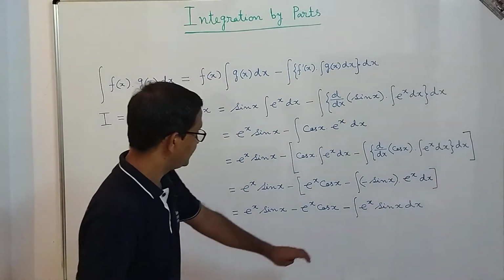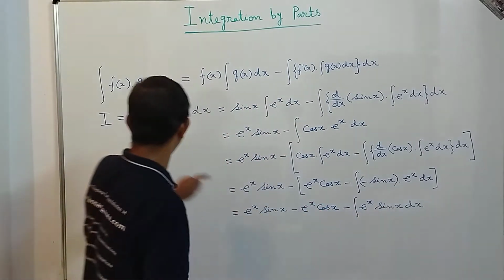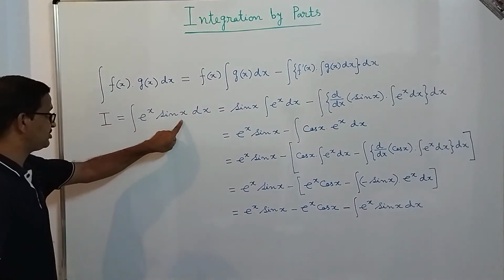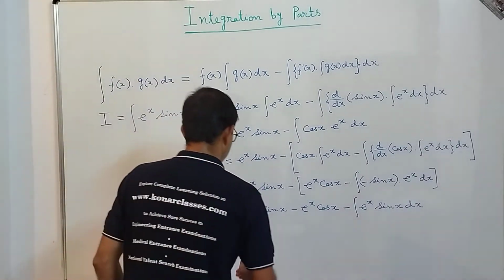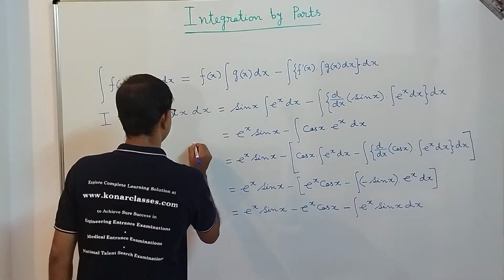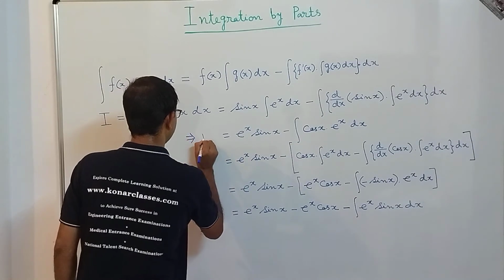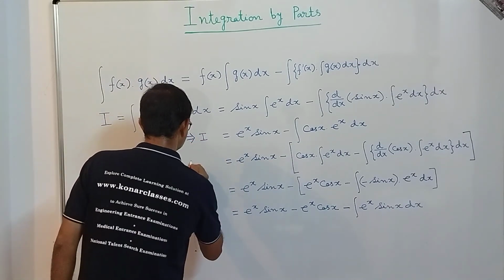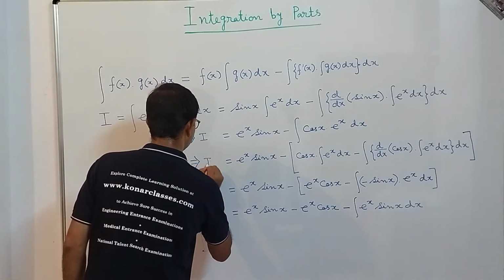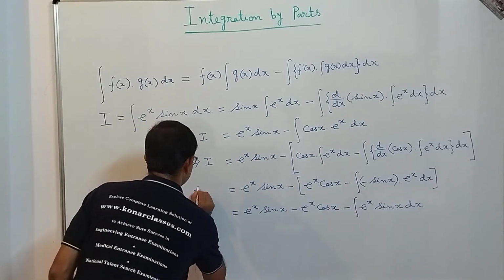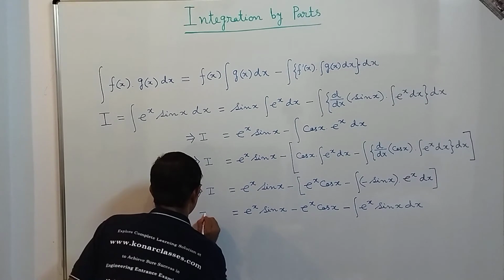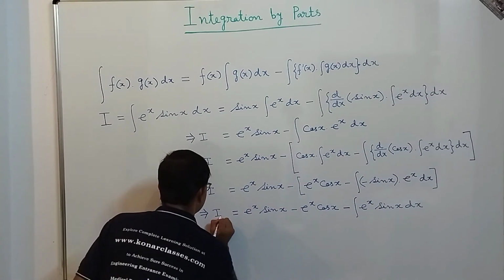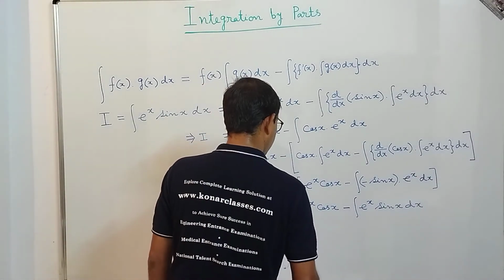Now dear students, that integration of e^x sin x dx is nothing but I, the integration you wanted to perform. So in all these steps we can write this implies I is equal to, and so on. So I is equal to what?